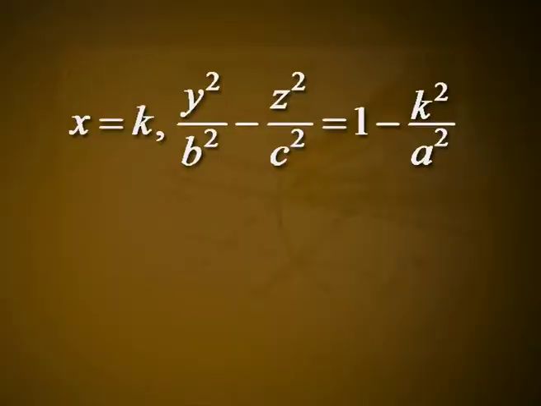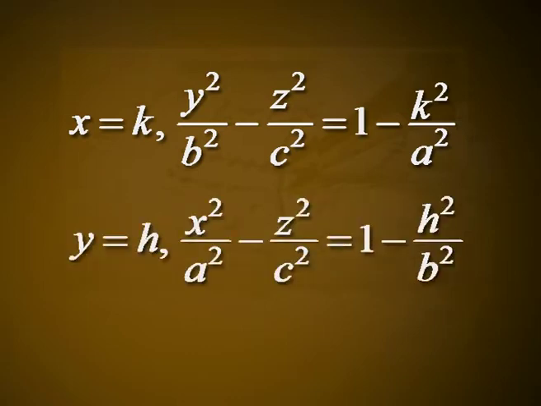x is equal to k, y square by b square minus z square by c square is equal to 1 minus k square by a square, and y is equal to h, x square by a square minus z square by c square is equal to 1 minus h square by b square respectively.